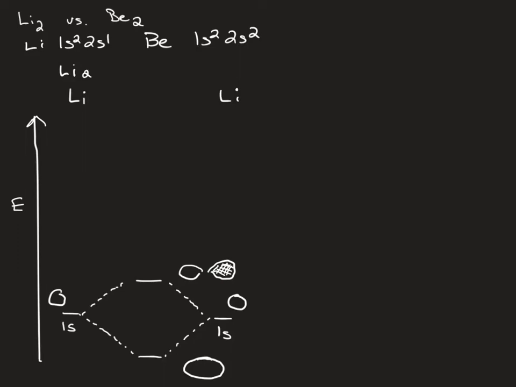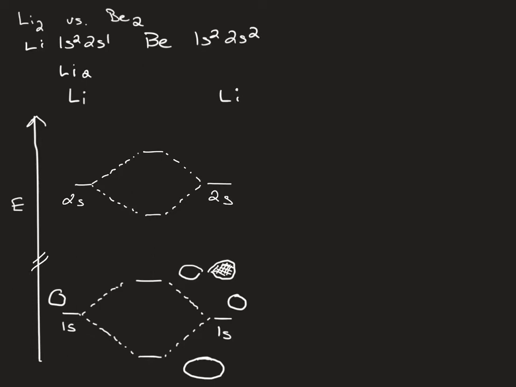The lithium 1s orbital is buried significantly lower in energy than the 2s. So to signify this, we're just going to put a hash on our energy diagram, and we're going to continue through with our 2s atomic orbitals, which once again are going to form bonding and anti-bonding combinations.